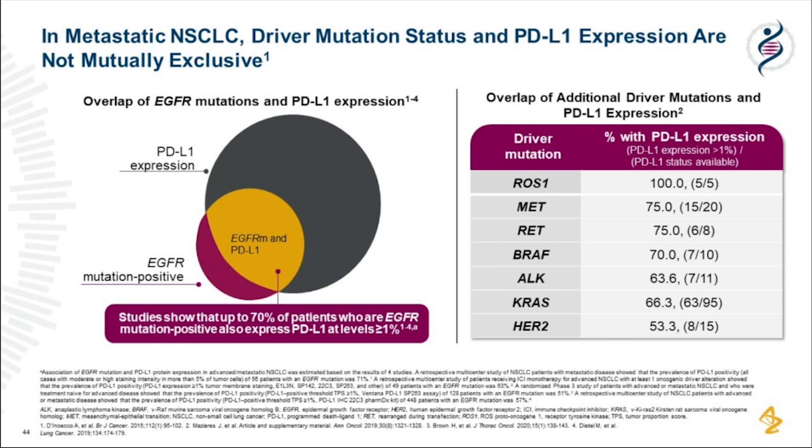On the right-hand side, comparing driver mutation with PD-L1 expression, for ROS1 it's 100%, MET 75, RET 75, and then BRAF at 70, ALK is 63, right? KRAS is about 66, and then HER2 is about 53. So once again, it's important to wait for all the results to come back before initiating treatment.